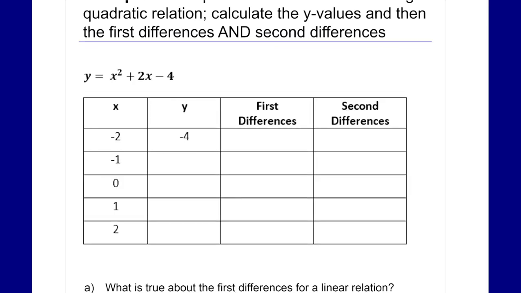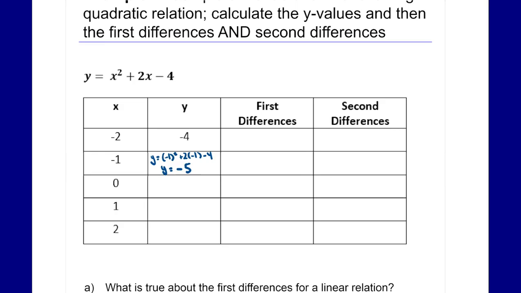When we plug -2 in, we get -4. If I plug -1 in, that's (-1) squared plus 2 times -1 minus 4. So I would have 1 minus 2 minus 4. I would have -5, or y equals -5. One thing you want to keep in mind, when you square a negative value, remember it should be positive.